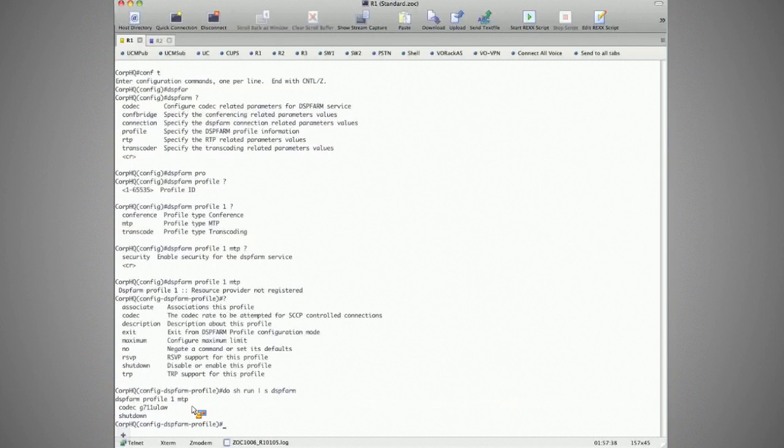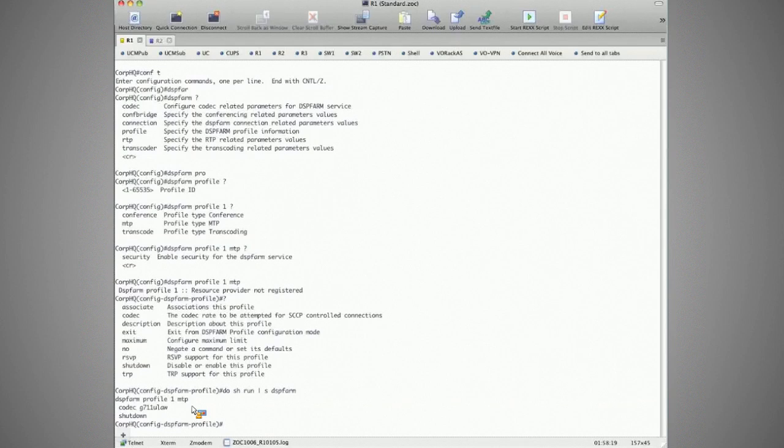If we need to have multiple codecs in any sort of an MTP, that's where we have to get into the idea of a transcoder. So a transcoder, hopefully everyone understands, but just for a basic refresher, is the ability to take a certain type of codec, be it voice codecs or video codecs, and transpose them into another codec.